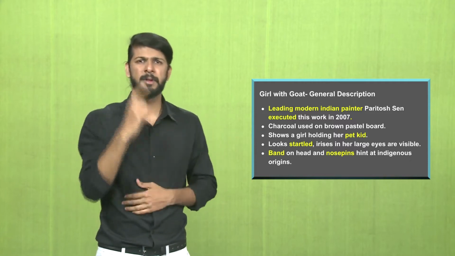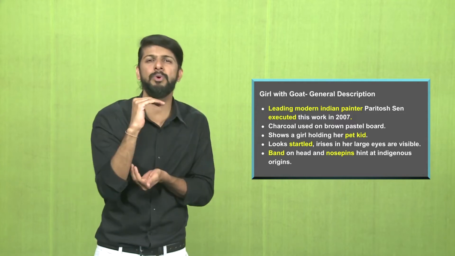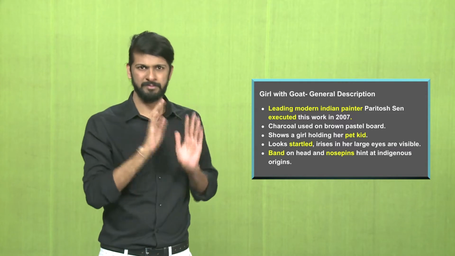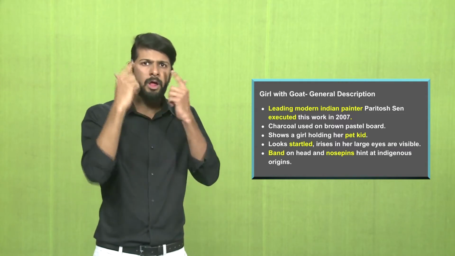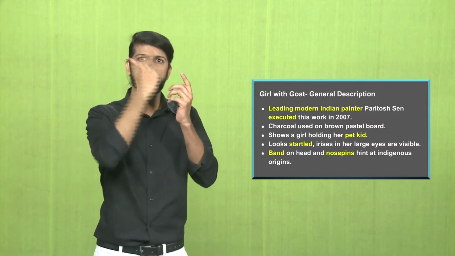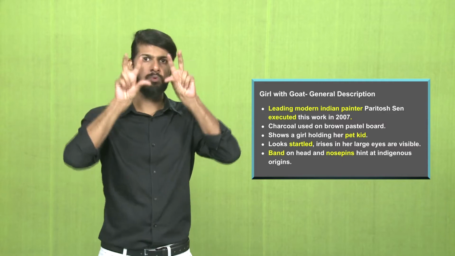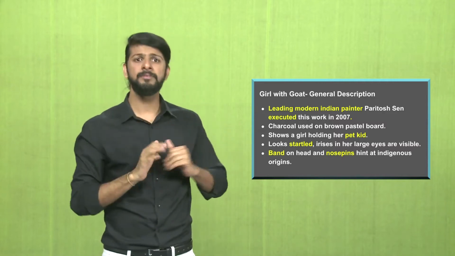This artwork shows a girl holding her pet kid, that is baby goat. The girl looks a little startled because the irises in her large eyes are visible, so she is perhaps a little shocked.